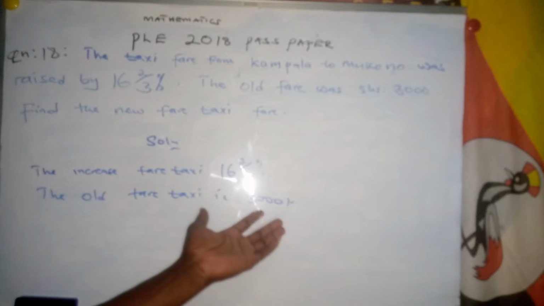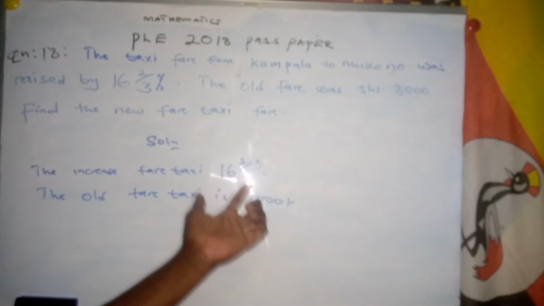So we just need to increase this money by 16 and 2 out of 3%.